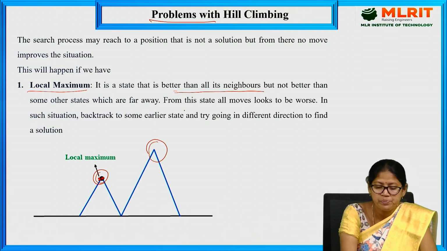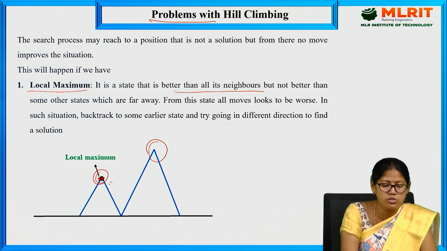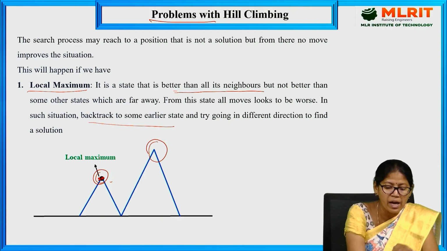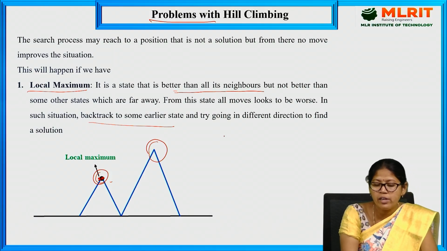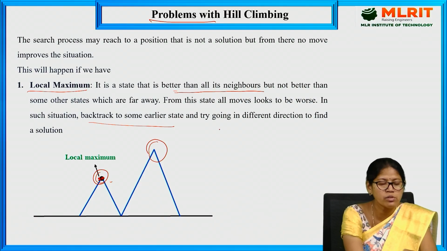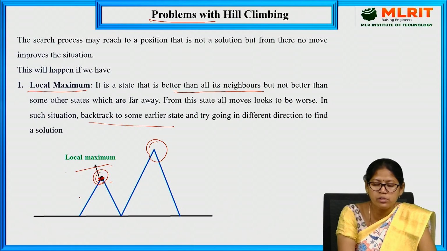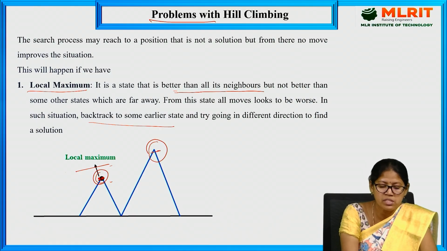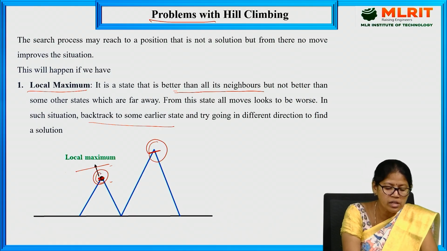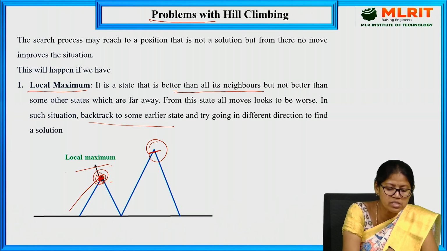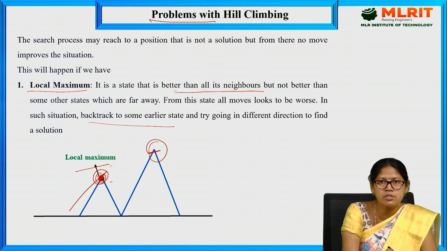So from this state, all moves look to be worse. In such a situation, backtrack to some earlier state and try going in a different direction to find a solution. This is the solution for local maxima. Backtrack and find a different way to reach the solution. In hill climbing, it will go like this and say that this one is the optimal solution, but it is not.